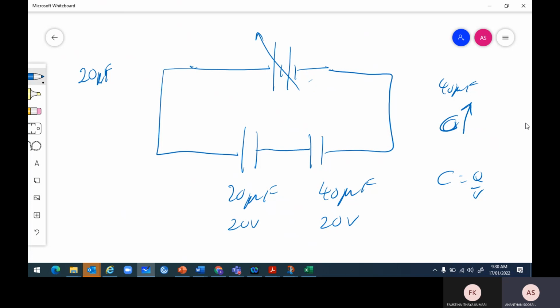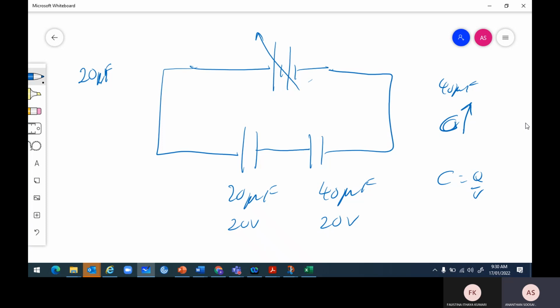C equals Q over V. If the capacitor is small, you need a high voltage to store the same amount of charge. So the point I'm trying to highlight here: in series, small capacitance will take high voltage. Why? You need high voltage to store the same amount of charge as the big capacitance. So which is going to blow first?